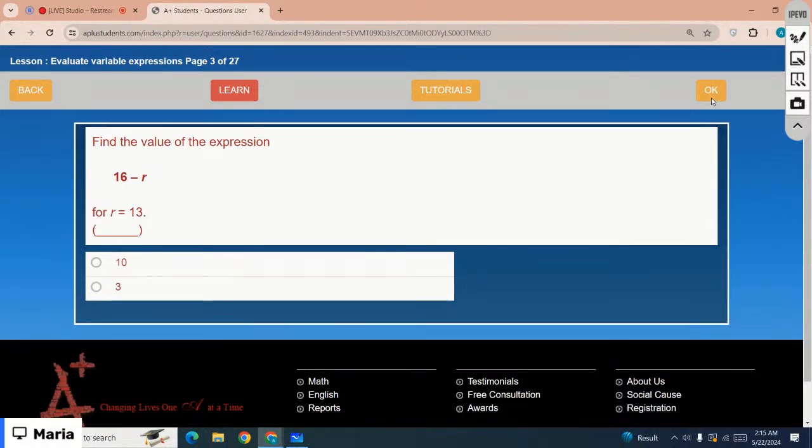Find the value of the expression 16 minus r. We have to evaluate for r equals 13. So which is the correct option?